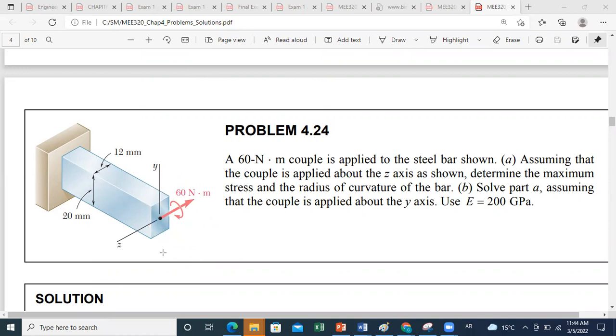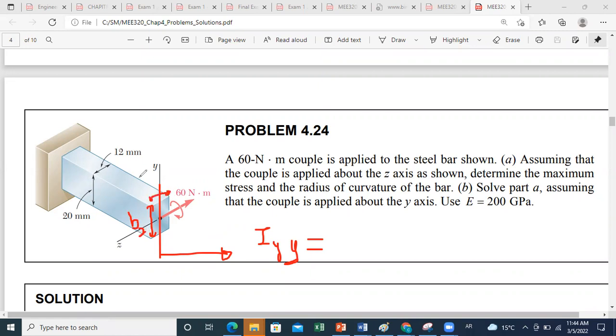And then I want to compute the inertia about this axis. So when I calculate the inertia, the inertia about this axis, Iyy, is equal to, now I will take the distance parallel to y as my b. So this is my b2 if you want, and this is my h2.